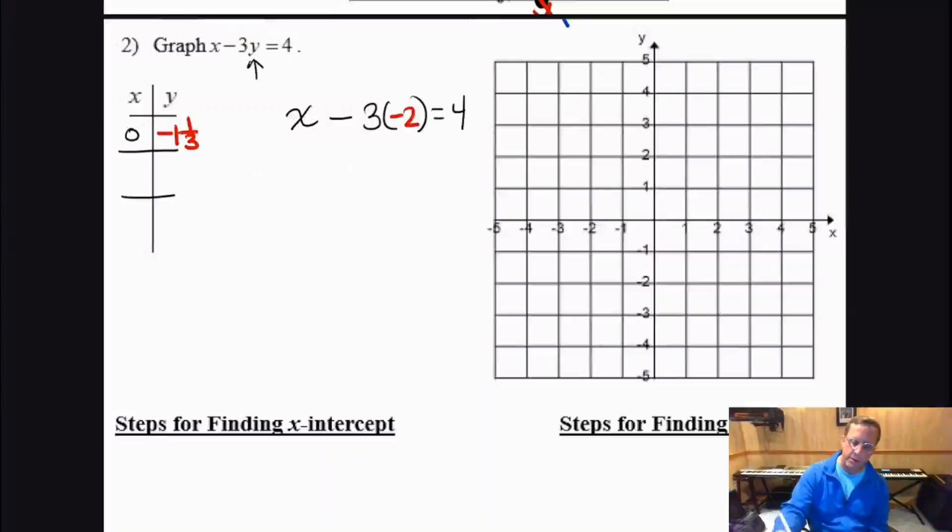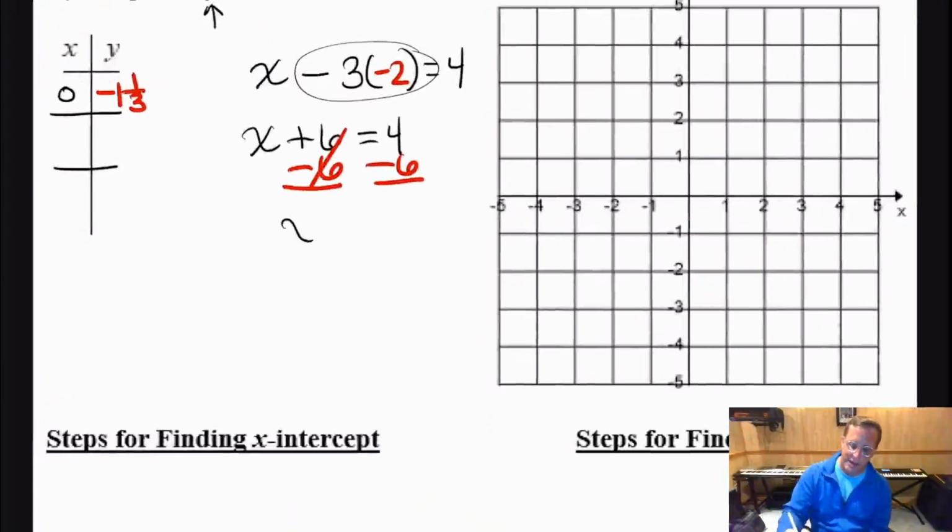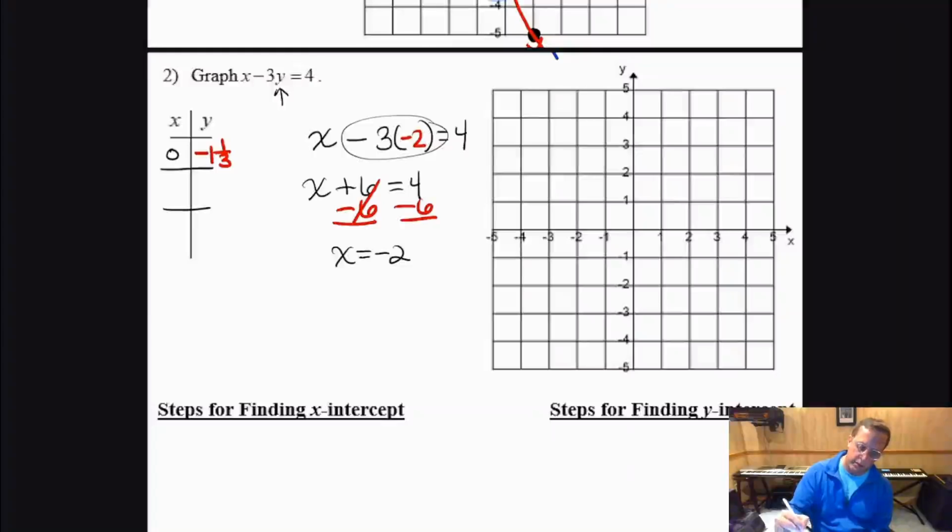Then we rewrite it: x plus 6 equals 4, because you have -2 times -3 right here. And then take away 6 from both sides, and we get x equals -2. There you go. So using -2 wasn't a bad choice, and I used that for my y. And it's okay to use an independent variable either way, just as long as you make the other variable the dependent variable.